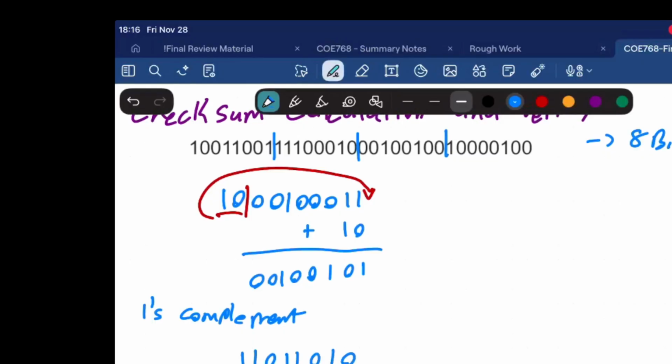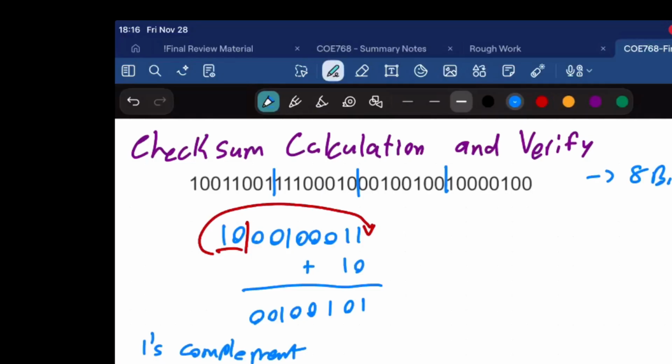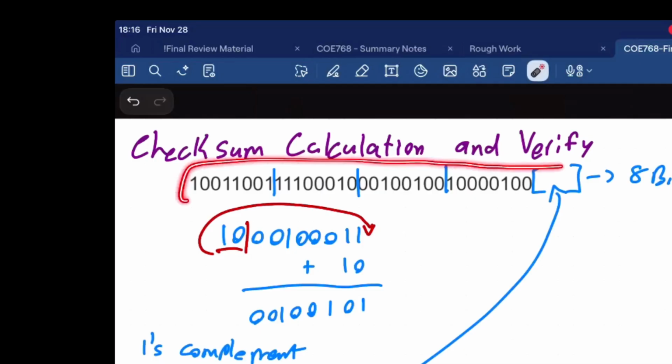So now, after taking this ones complement, whatever value that you're presented with is now your final checksum. And what you do to it is that you would append it to the end of the stream. So once you get the checksum, you would add it to the end of the bit stream, and you would send this whole line over when you're transmitting from, let's say, A to B.